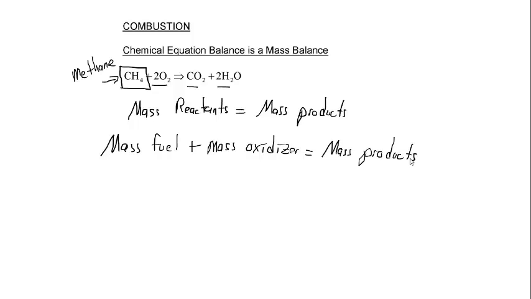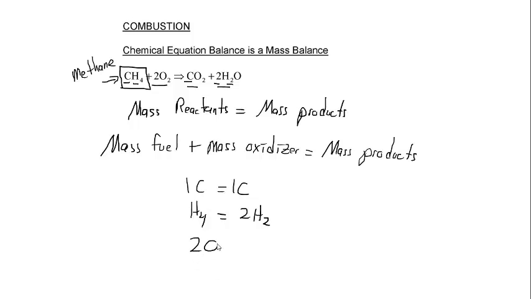So in the case of this chemical reaction, you probably did some of this in Chemistry 101. You would have tried to balance out this equation. So you can see that there's 1 carbon atom on the reactant side and 1 carbon atom on the product side. On the reactant side, there are 4 hydrogen atoms. Here, 2 times 2 also has a total of 4 hydrogen atoms.